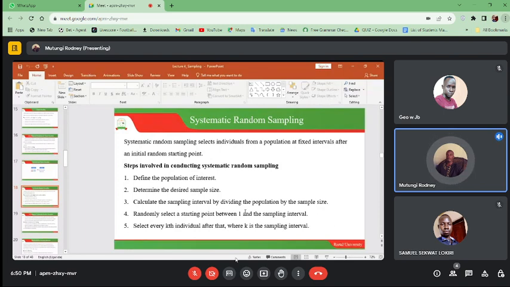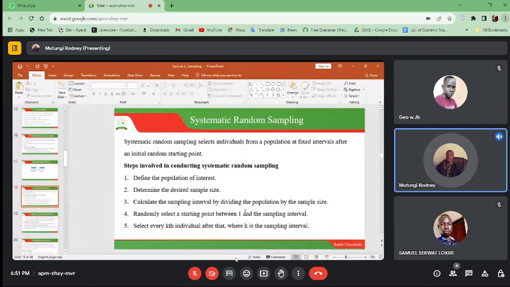So we are going to fold our sheets having 1 to 10, and then we can select a starting point. If we do the shuffling and we get, for example, the starting point to be 2, and the sampling units, the households or the children, are listed already, we are going to say number 2 is going to take part in our study.